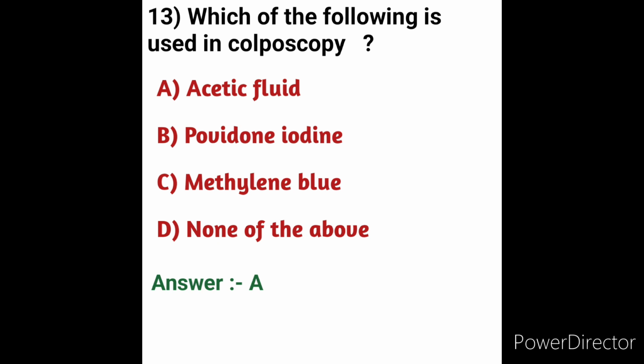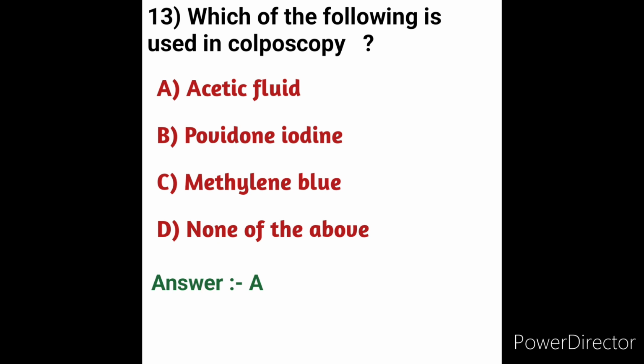Colposcopy is a test to take a closer look at the cervix to find any changes in the cells caused by certain types of human papillomavirus, HPV. If not treated, it can turn into cervical cancer cells. That's why colposcopy is done during pregnancy.